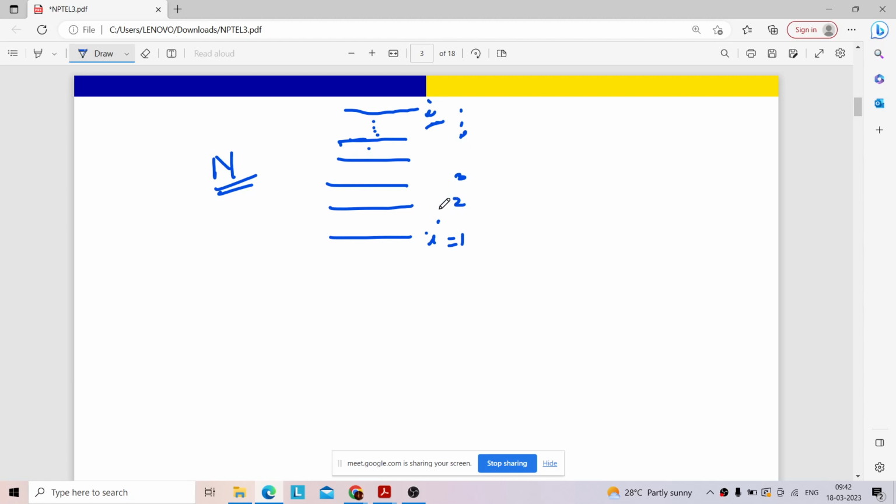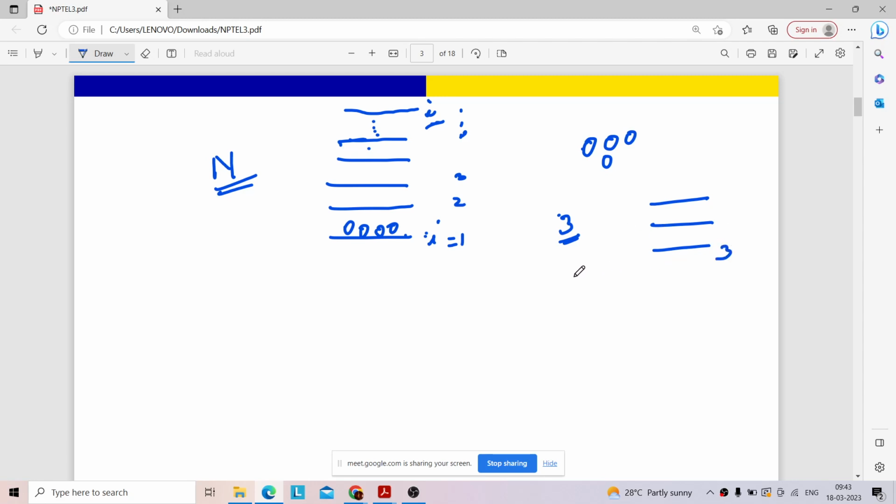Let's assume first a classical gas, which means we can assume the particles as classical marbles or balls. Then we can put any number of balls in any state. So let's assume I have three balls, and I want to arrange them in three different energy states.